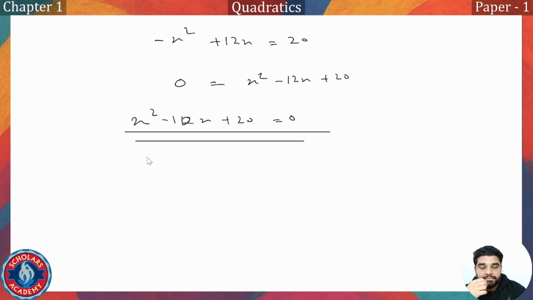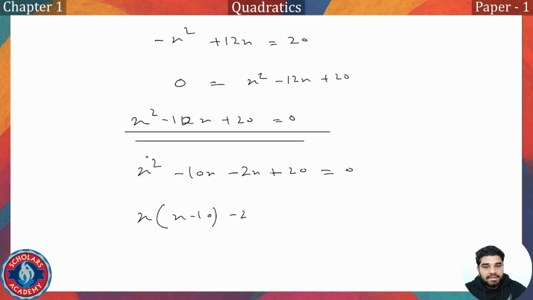So we'll try and simplify it. x square minus 10x minus 2x are the factors, plus 20 is equal to 0. So we split the middle term negative 12x into negative 10x and negative 2x. Taking x common, x into (x minus 10), minus 2 common, (x minus 10) is equal to 0.